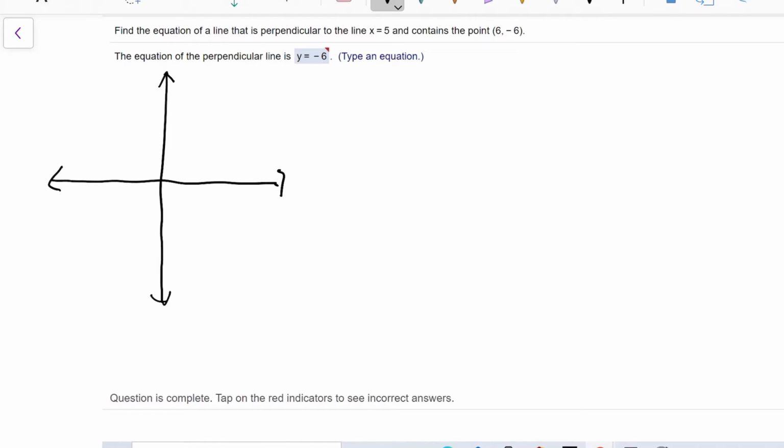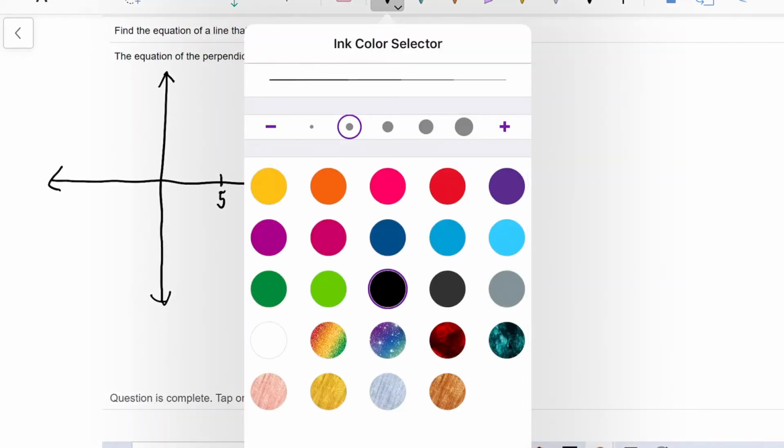Anyways, okay, so we're given that x is equal to 5. So let's say this is 5. And let's draw our original line as a green.